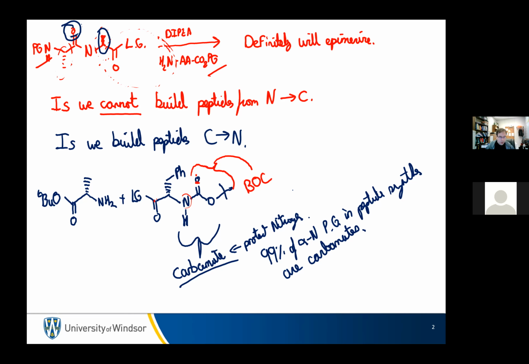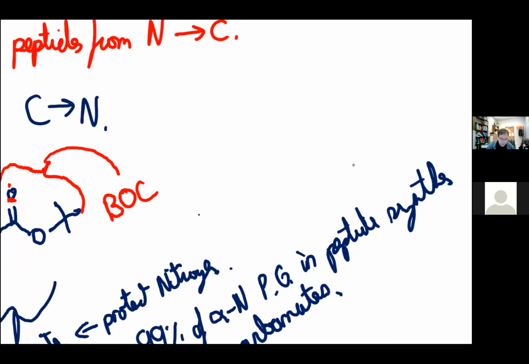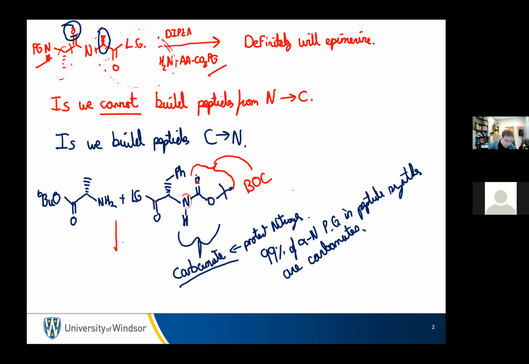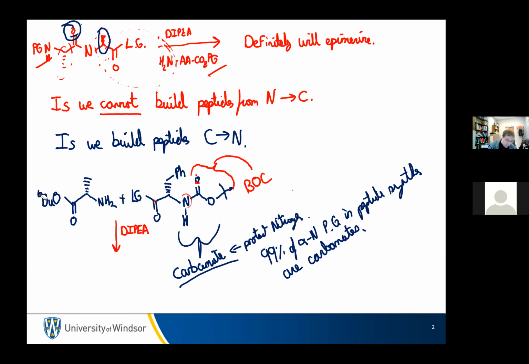And so what this means is we can't build them from N to C because we get this problem, but we don't run into the problem when we go this way. Because if we make the product of this, so let's say we treat those with DIPEA, we get our product. I'm just going to change the protecting group on a carboxylic acid just so that I can be real.